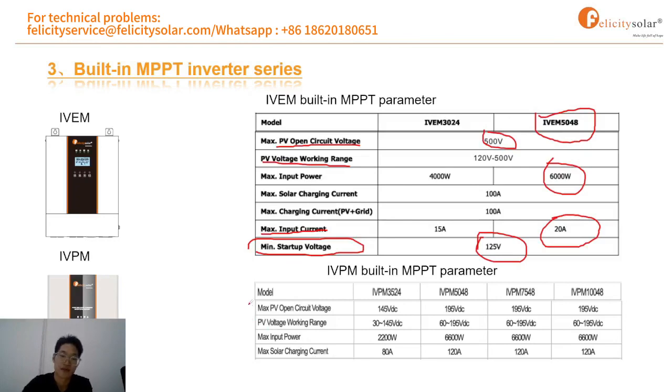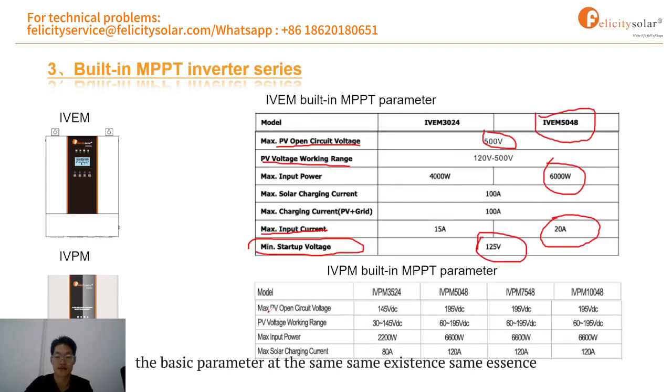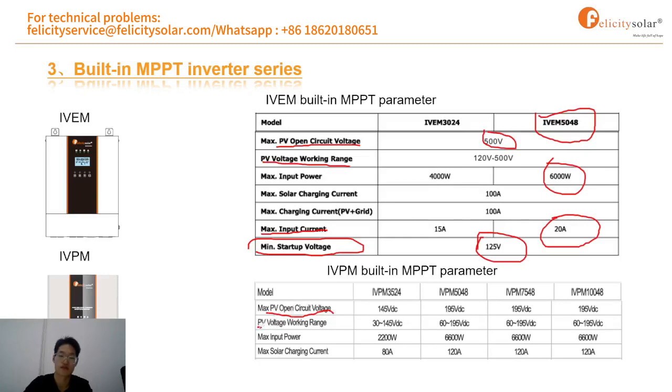The basic parameters are the same in essence: the VOC, the maximum open circuit voltage, the PV working range, the max input power, and the max solar charge current. What is different is the voltage and the current.